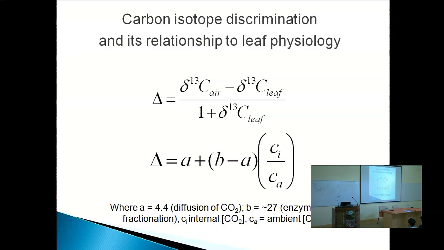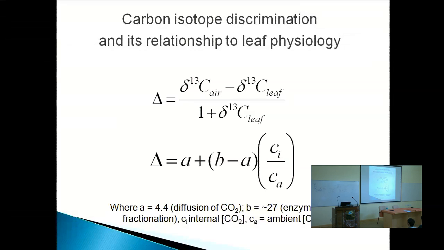This is what is described here, because photosynthesis happens mostly in the leaf of the plant. So if you have the composition in the atmosphere, designated by this, and this in the leaf, the difference is designated as discrimination.